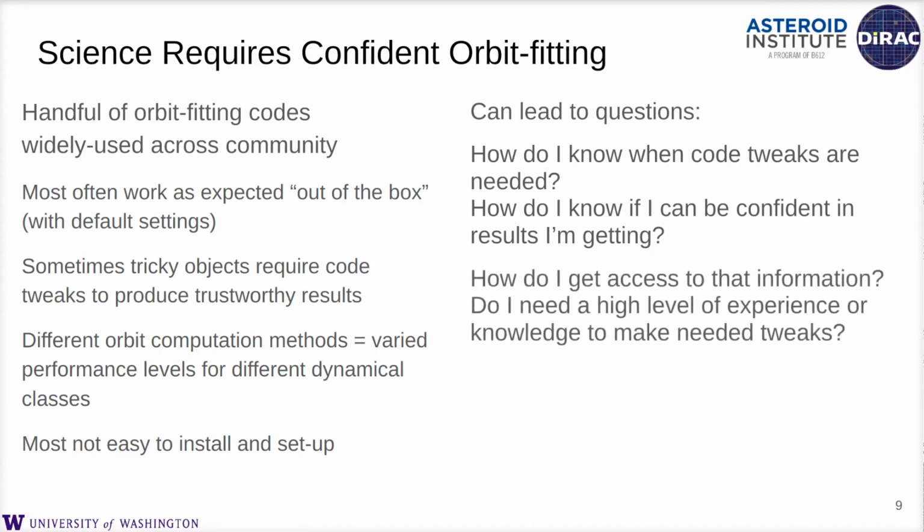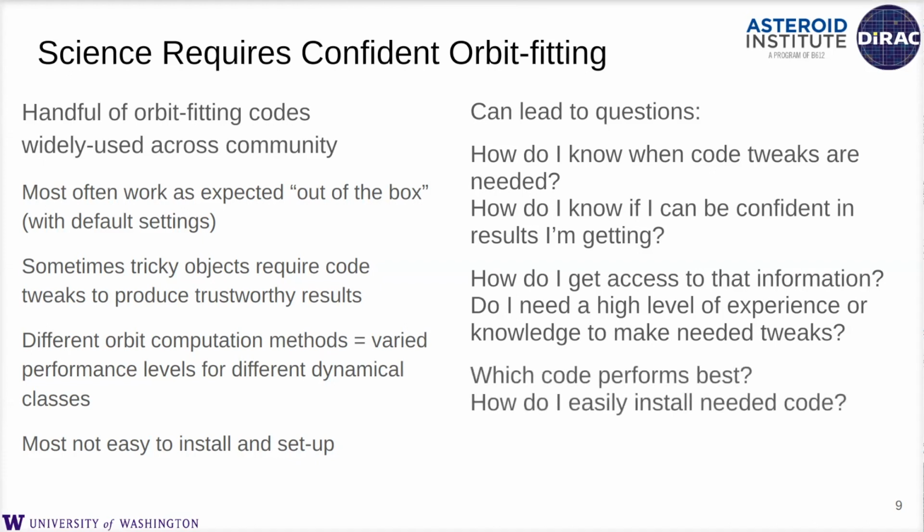In addition, not knowing how to get access to that information is another part of that, as well as not knowing whether a person would need a rather high level of experience working with these codes, or knowledge in how these codes actually function, in order to make some of the potential needed adjustments to get them to work reliably.